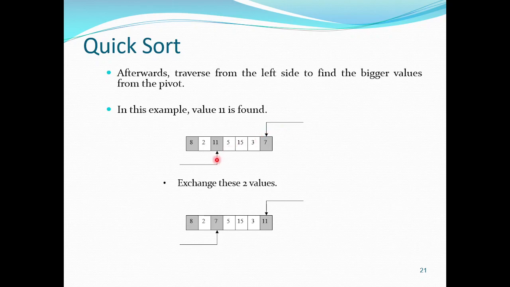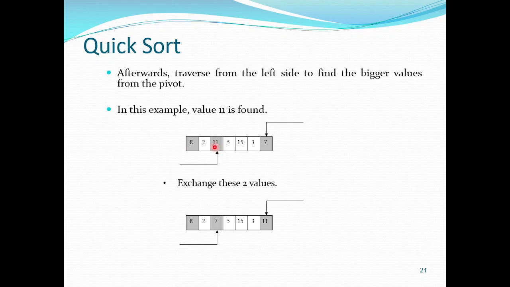The left pointer points to the second element and compares with the pivot. Is 2 less than 8? Yes, that means it will not do anything. The pointer moves to the third element and compares with the pivot. Is 11 less than 8? No. That means we need to move it to the right.